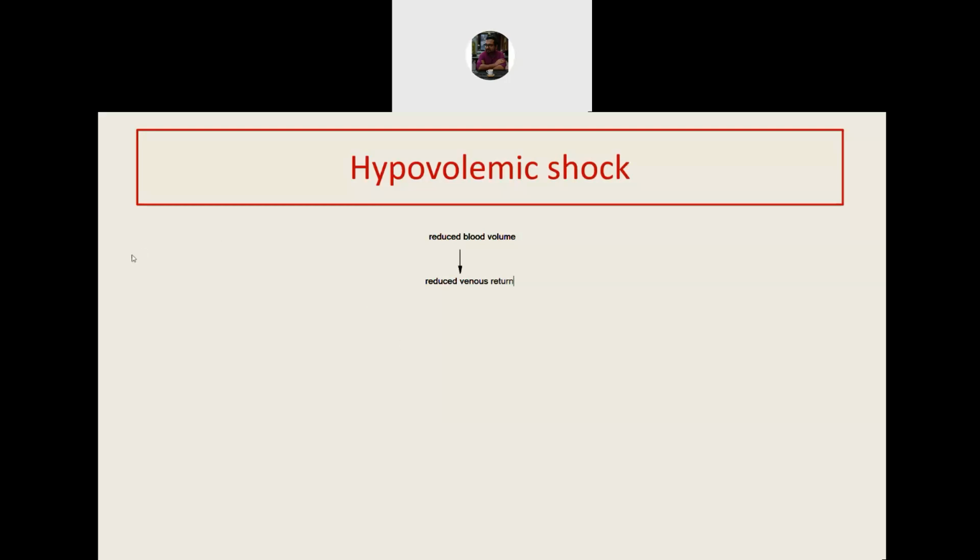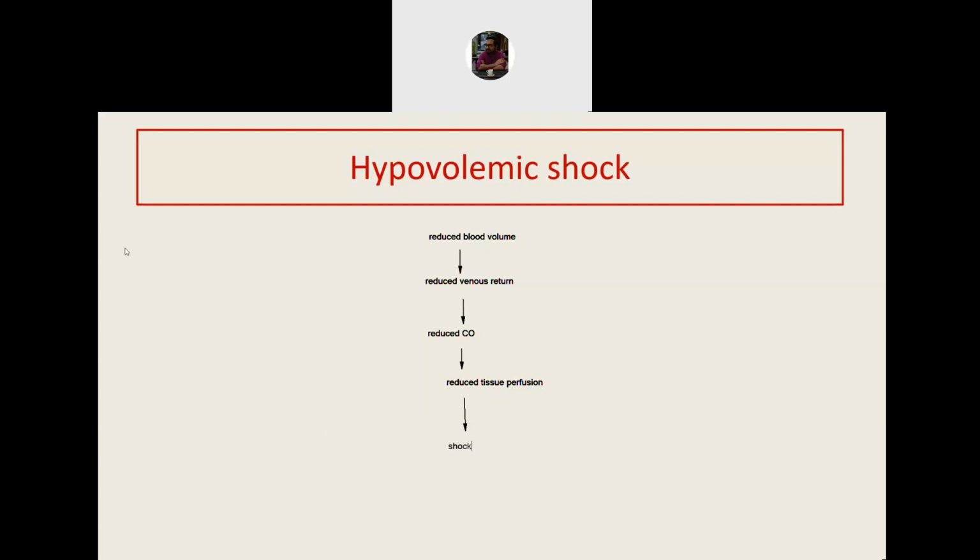As there is reduced venous return, there will be reduced cardiac output by Frank-Starling's law. As there is reduced cardiac output, there will be reduced tissue perfusion. As there is reduced tissue perfusion, on one hand, this is the definition of shock, so there will be shock.